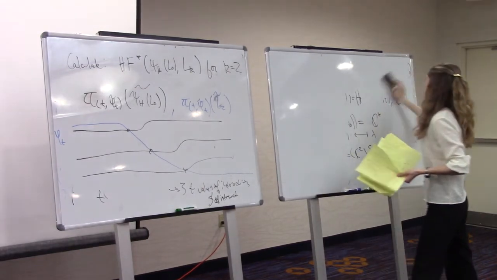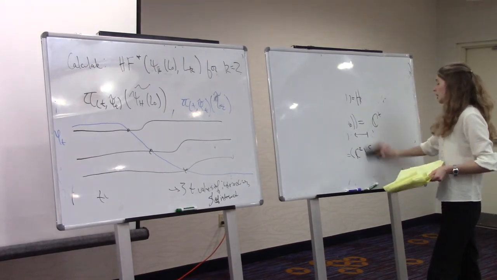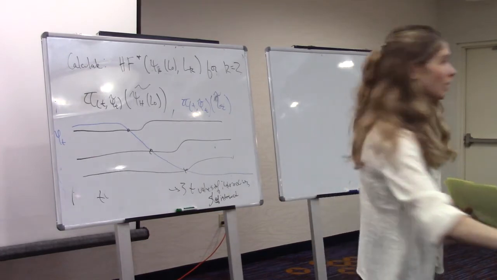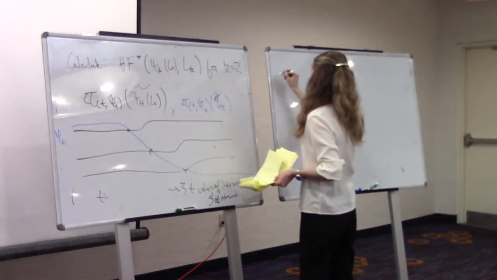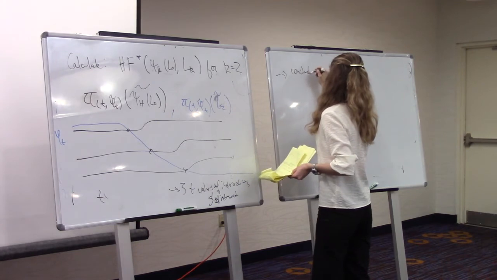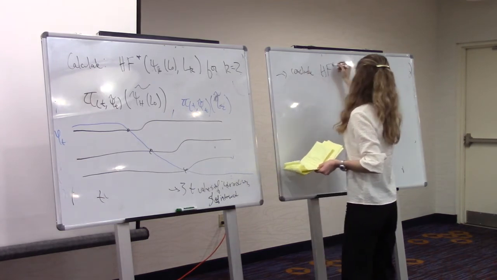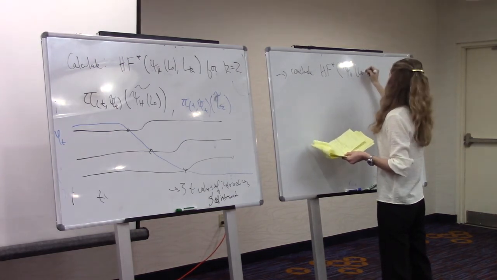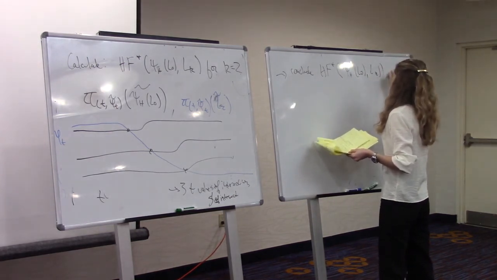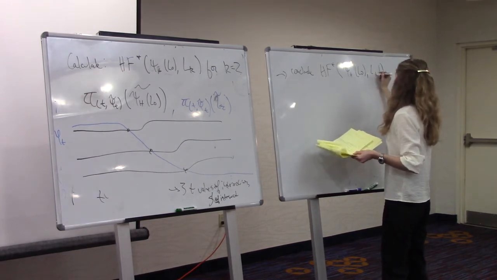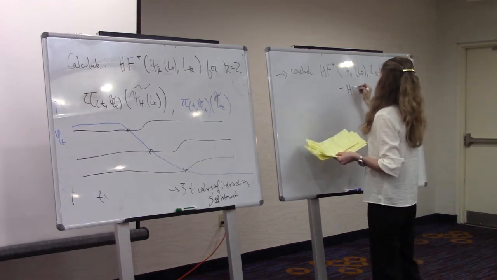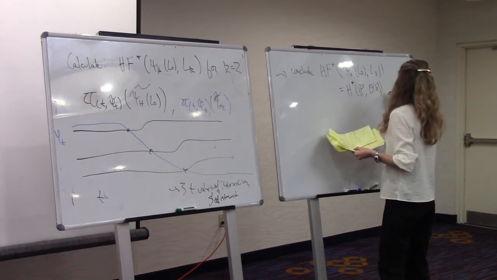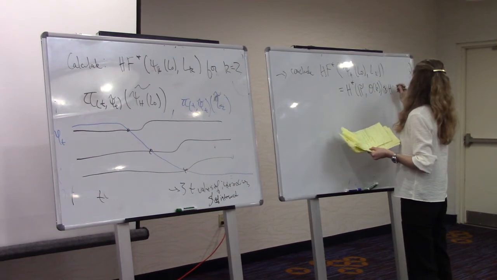So then by thinking about what's happening for positive integers, for negative integers, gradings, and so on, you can conclude that your Floer complex of these, L_0, L_k, is going to be equal to the cohomology of P1, tensor with the cohomology of S1.